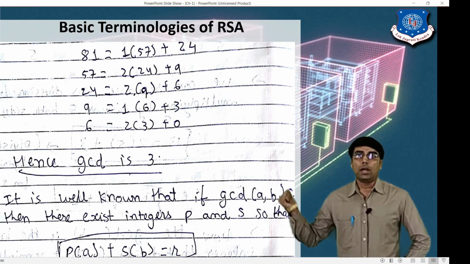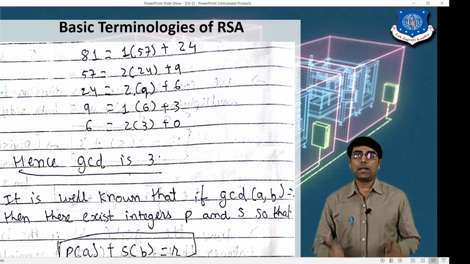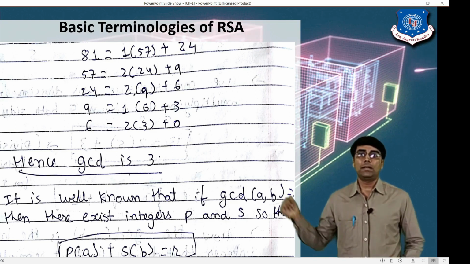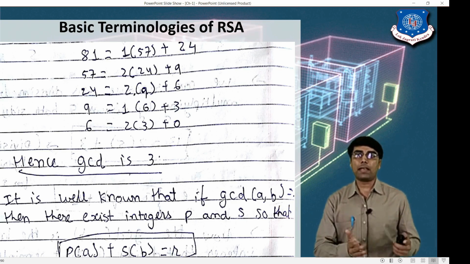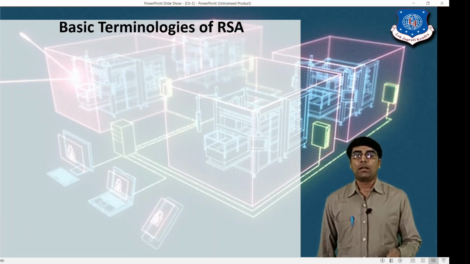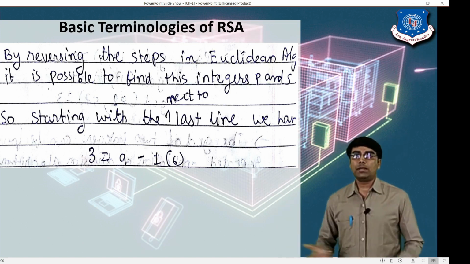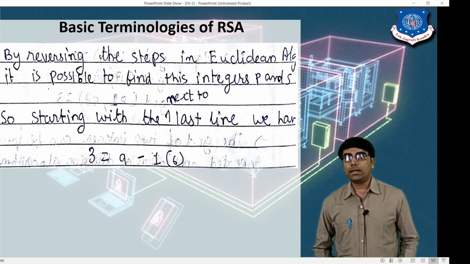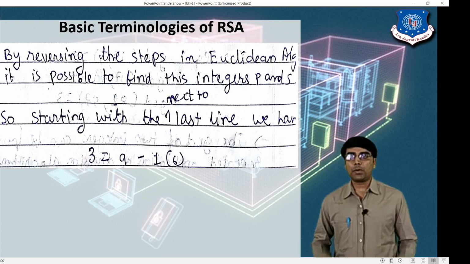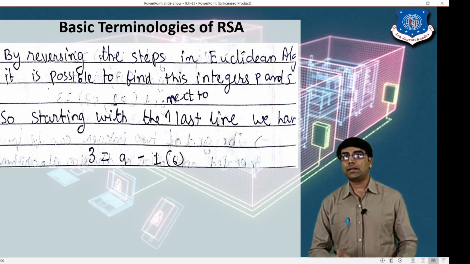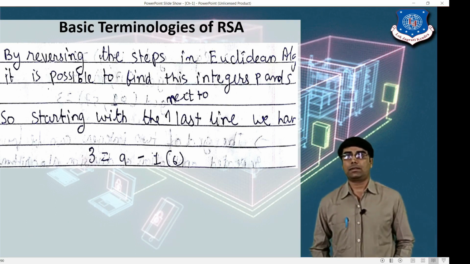It is well known that if the GCD of a and b equals r, then there exist integers p and s so that p times a plus s times b equals r. By reversing the steps in the Euclidean algorithm, it is possible to find the integers p and s.